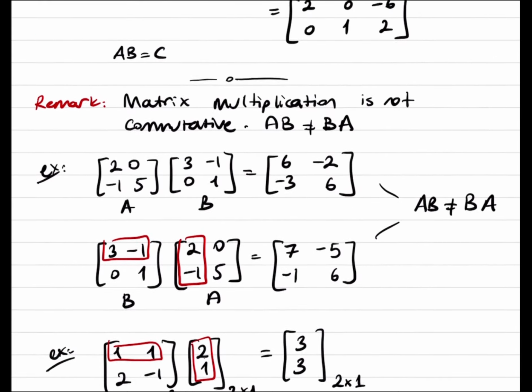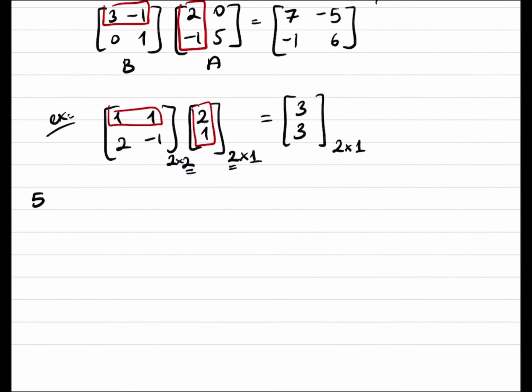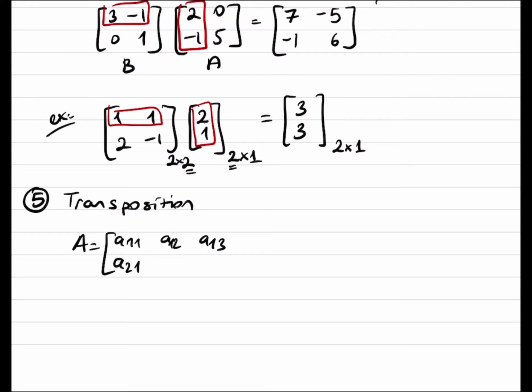Okay, we have another operation. So this was the fourth, and the fifth operation is transposition. If you have a matrix A, let's say A11, A12, A13, A21, A22, A23, this is just an example, then the transpose of A is writing columns as rows.